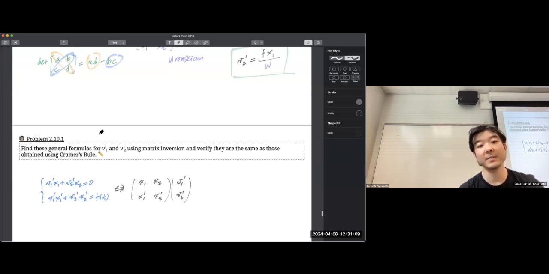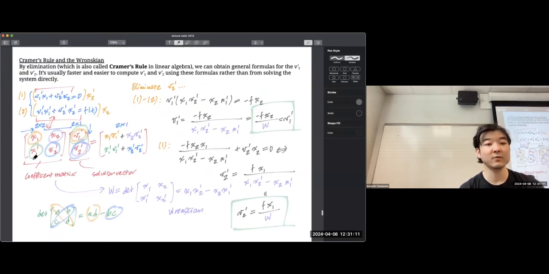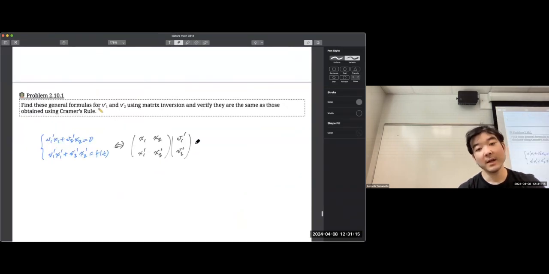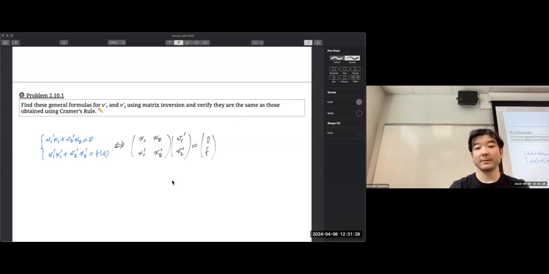This is exactly copying this right here, this red stuff right here. So that's the left-hand side. Turns out the right-hand side is just a 2x1 vector, or 2x1 matrix, which people call a vector if it's just a single entry. I'll just use F. You have this.